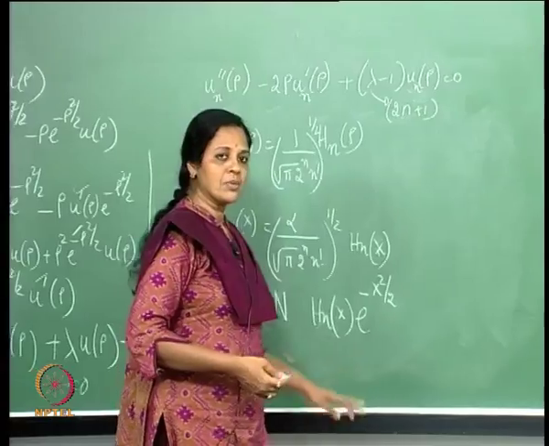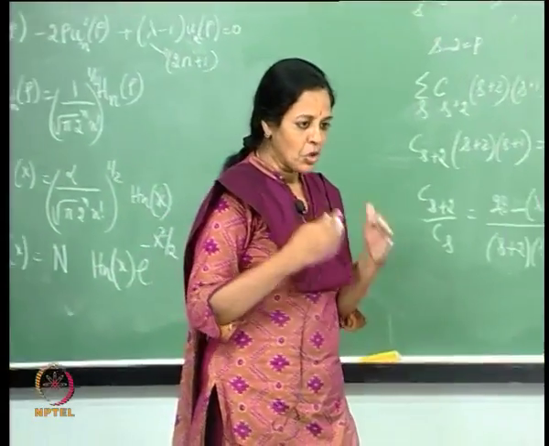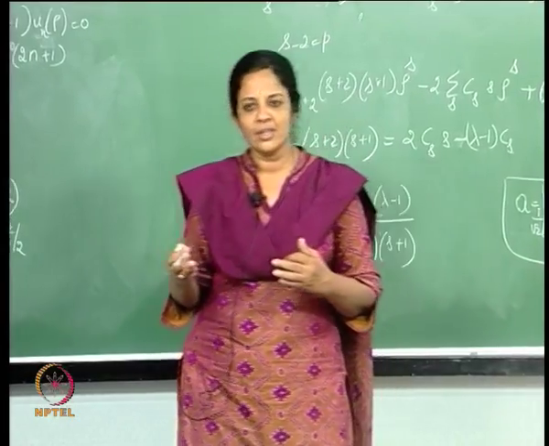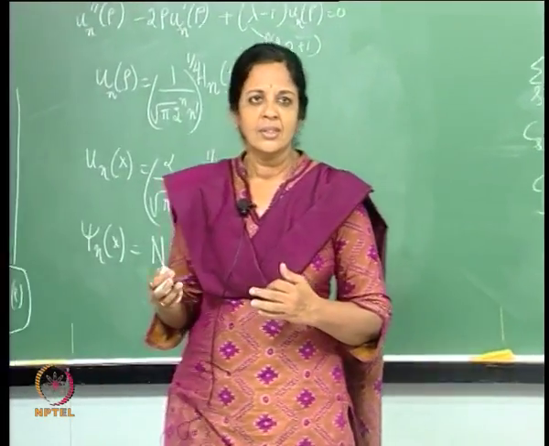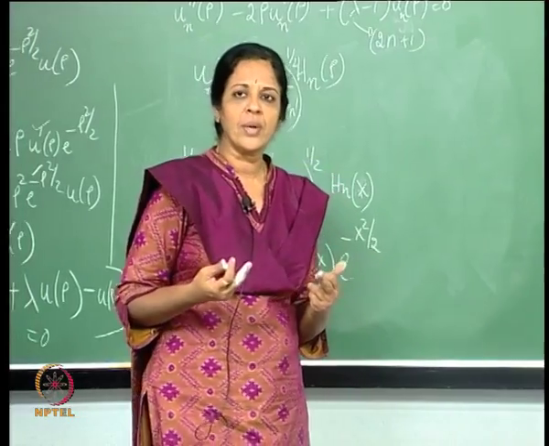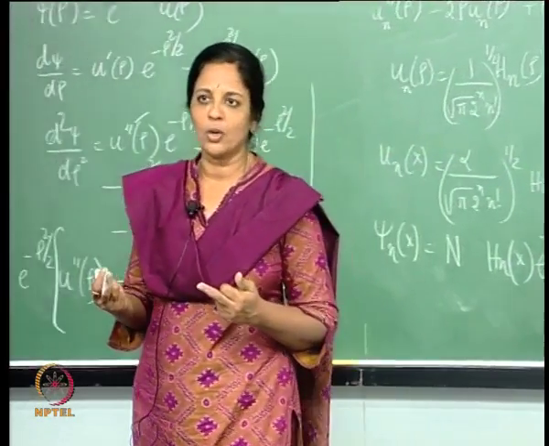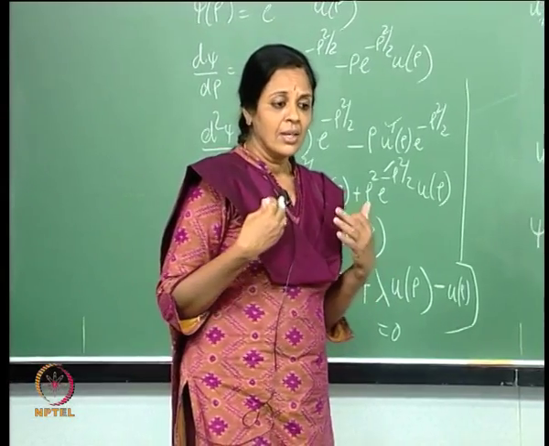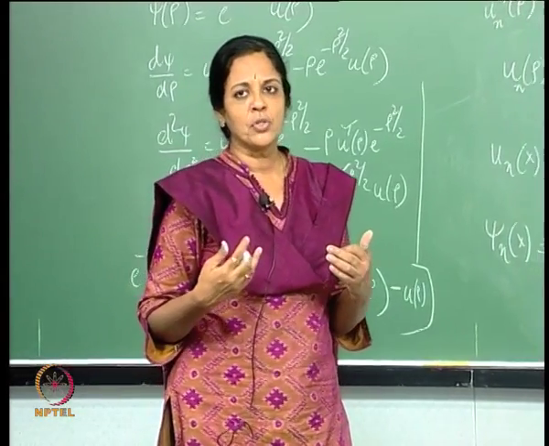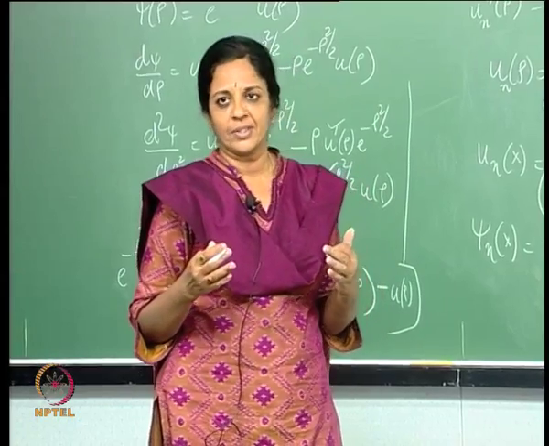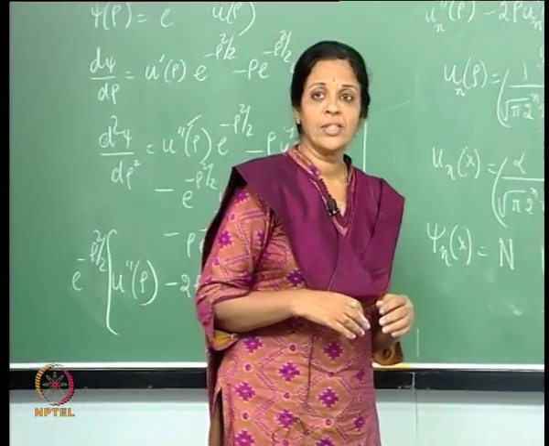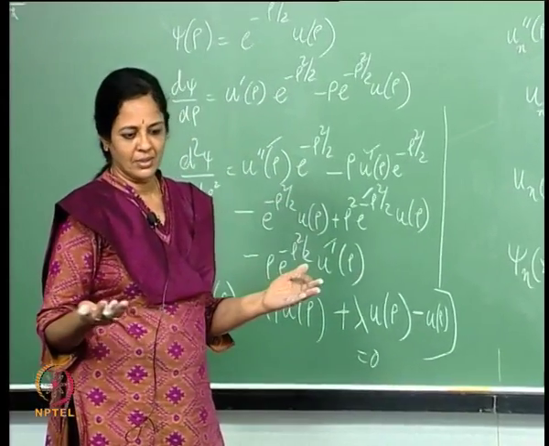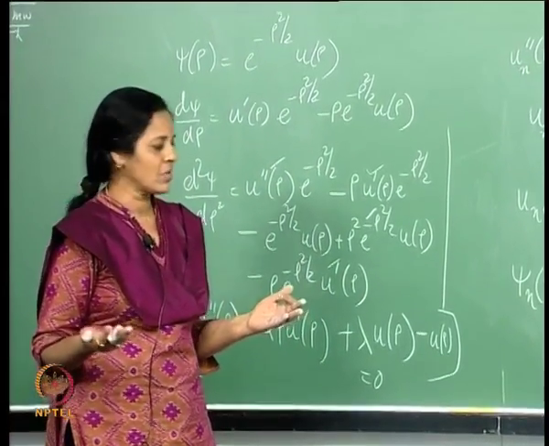The Hn of x themselves arose because the series had to be truncated in order that the wave function was an admissible wave function. Not every wave function which is square integrable can be a solution to our problem. It is only those wave functions which satisfy the boundary conditions imposed by the physical requirement of the probabilistic interpretation, that wave functions must be normalized to 1, and therefore the probability of seeing the system in the given region of space is 1.